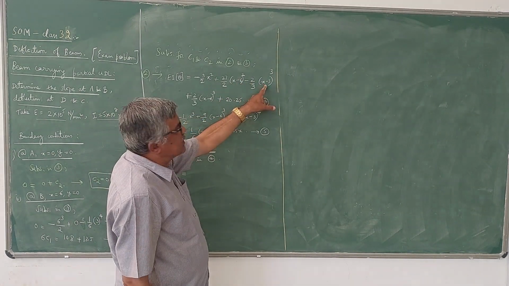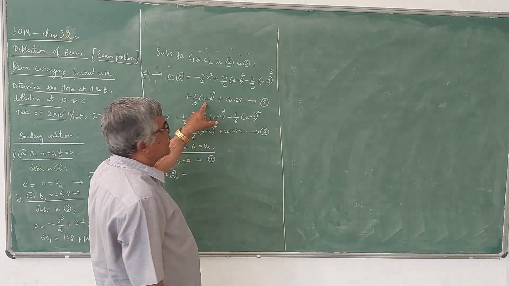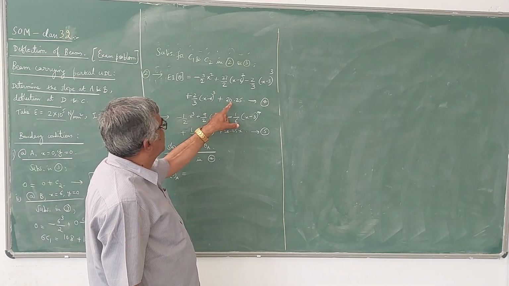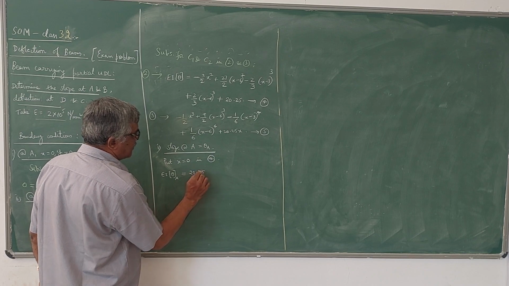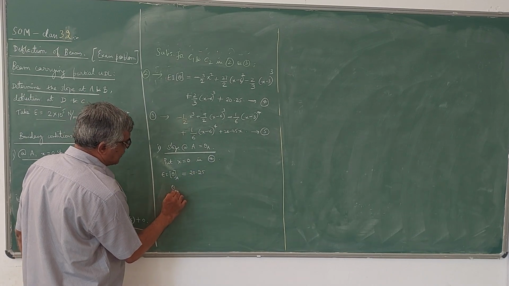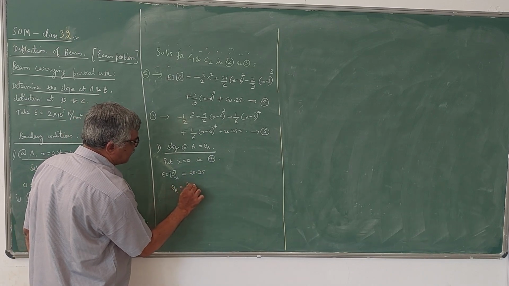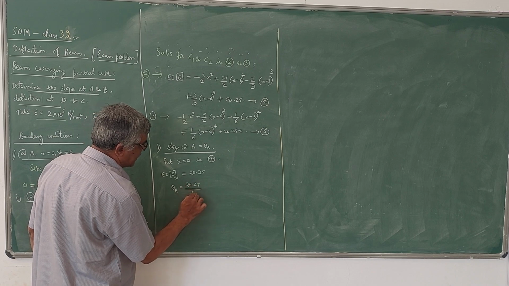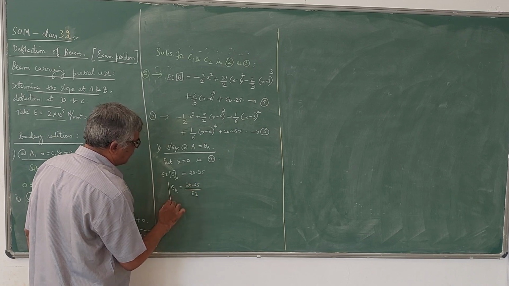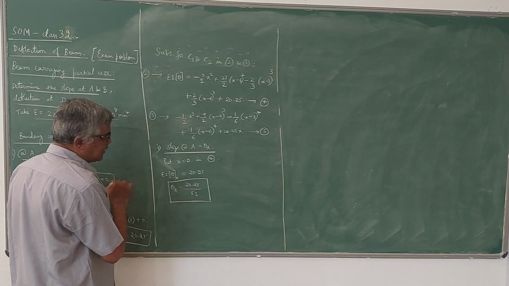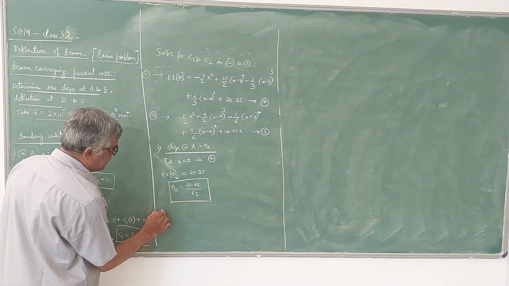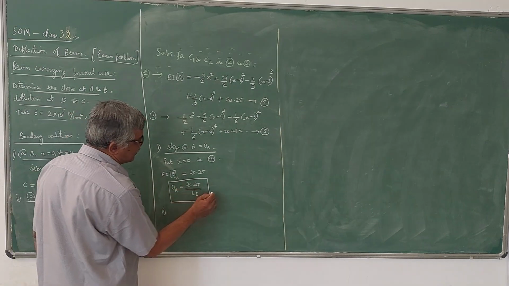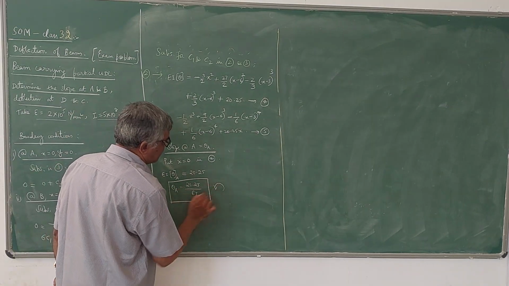This also, 0 minus 3, omit this term, 0 minus 6, omit this term, only 20.25 will be there. So therefore theta A is equal to 20.25 divided by EI. So later on we will substitute for EI here and get the value in radians. So this is the first answer. Of course this is positive, therefore it is anti-clockwise.